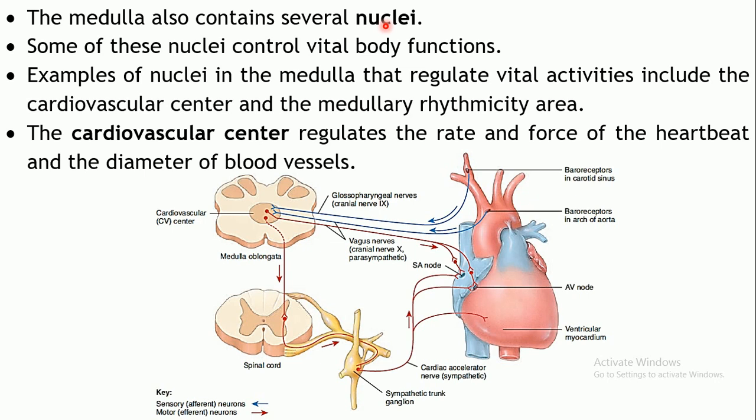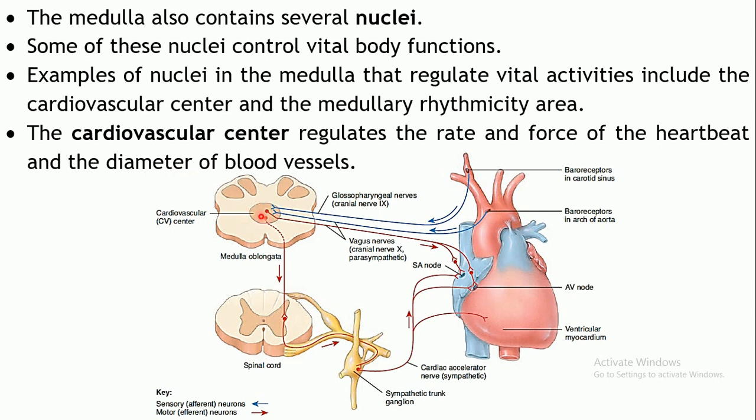Okay, now this medulla, it's a part of CNS, right? So the group of cell bodies will be called the nuclei. Now these nuclei control several vital body functions. Say for example, there are nuclei for regulating the vital activities through the cardiovascular center and the medullary rhythmicity area.